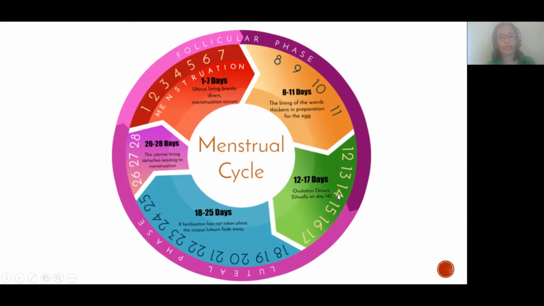After the release of the ovum, since the egg cell has a span of 3 to 4 days, it will only live up to the 17th day. So if there is intercourse here, these are the possible days that fertilization may happen. But after the 17th, on the 18th, the egg dies, so there will be no fertilization. So these are still considered safe days.